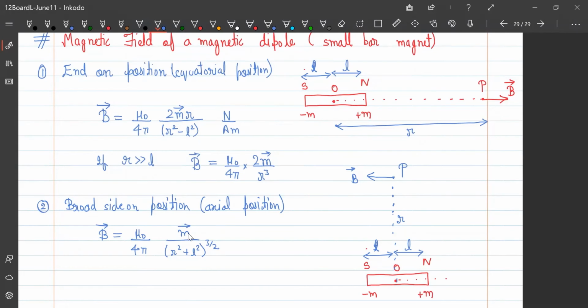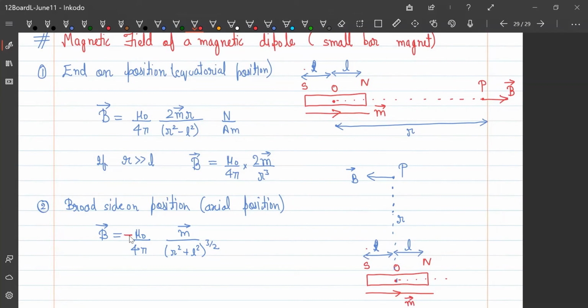If you want to write the m vector here, see, the m vector is along from minus m to plus m. So the direction of the magnetic field is parallel in the previous case, but here the direction of the magnetic field is anti-parallel to the m vector.